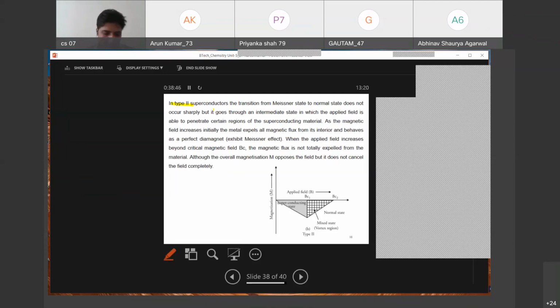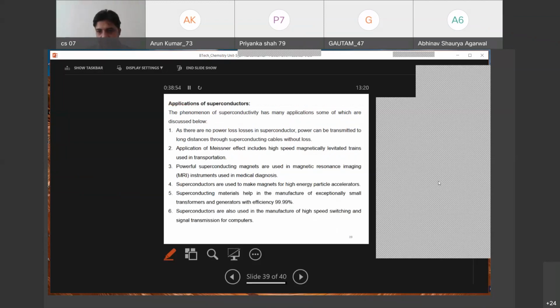Gautam 47. Kamya Jain 60, Kartik Gupta 76, Kushi 72, Kshiti 77, Lakshit 75, Varsha Reddy, how much, 78 or 79?